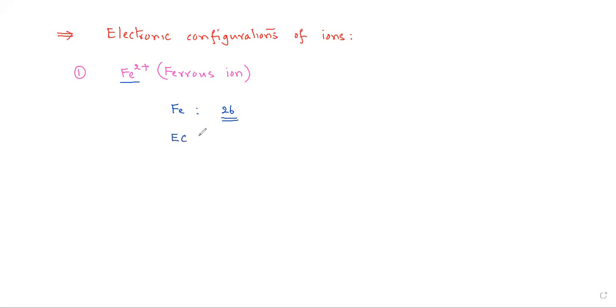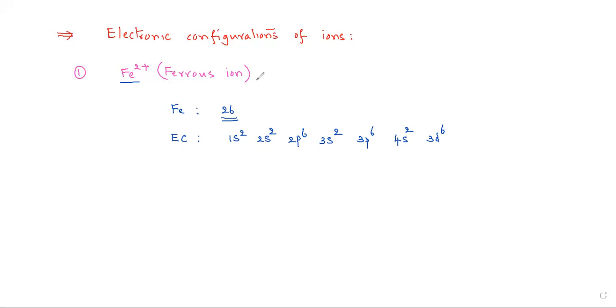Coming to its electronic configuration, let us write it clearly: 1s2, 2s2, 2p6, 3s2, 3p6, 4s2, 3d6. Hope you all know how to write the n plus l method of configuration.